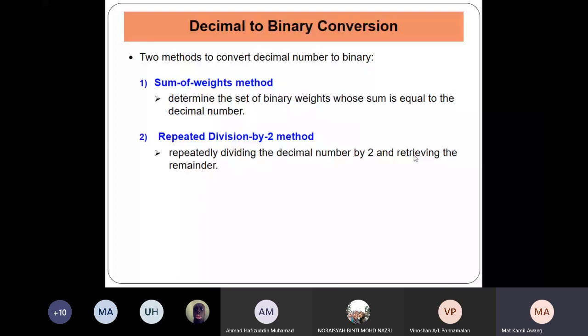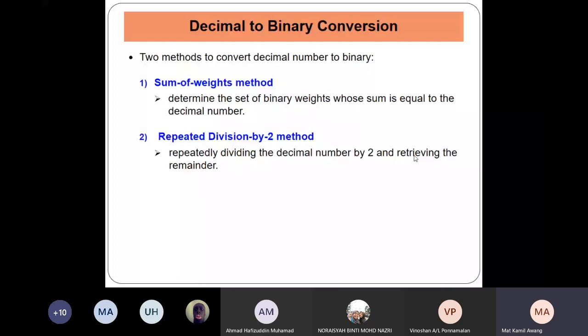The first method, sum of weights, determines the set of binary weights whose sum is equal to the decimal number. For the second, repeated division by 2, you repeatedly divide the decimal number by 2 and retrieve the remainder. We will see how these two methods are done.